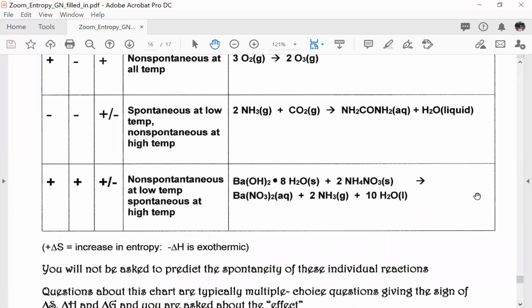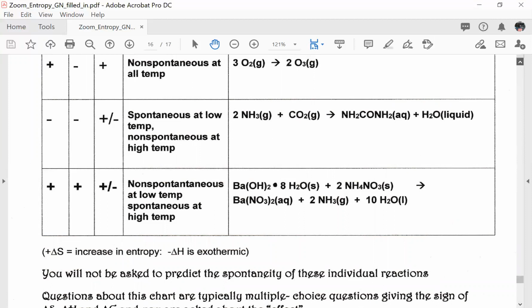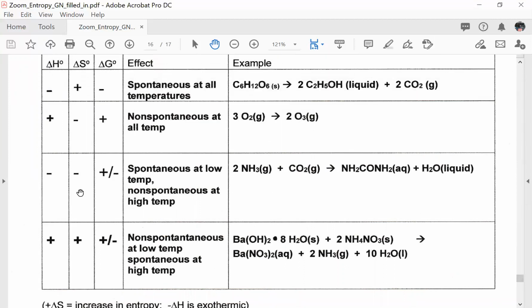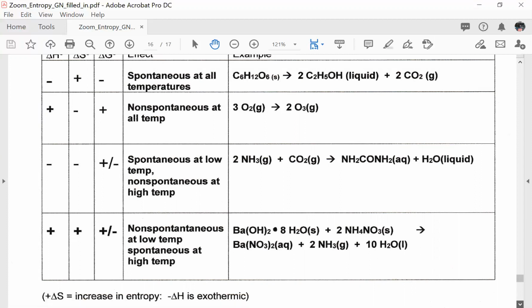Next situation, better if we can see the whole table. So this is our delta H is positive, delta S is positive, delta G is positive or negative. This is non-spontaneous at low temperatures, spontaneous at high temperatures.